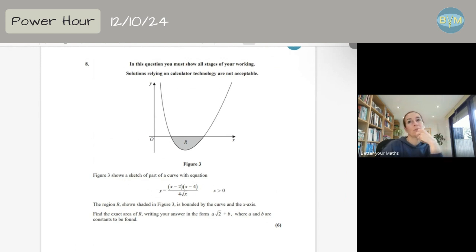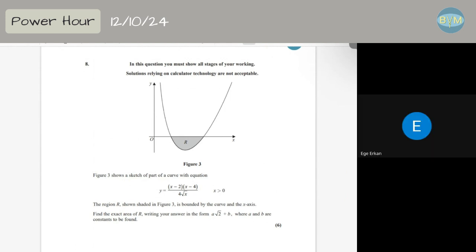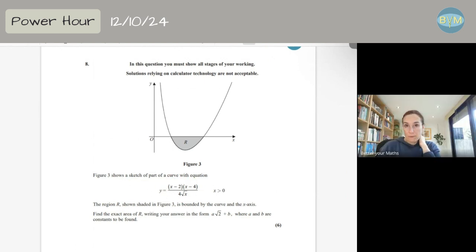So what would be the steps that I'm going to follow? Okay, what would you do? Would you do 4 root x to the power of -1? To prepare this function to integrate, for sure.